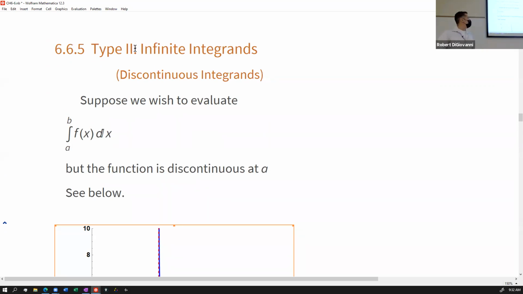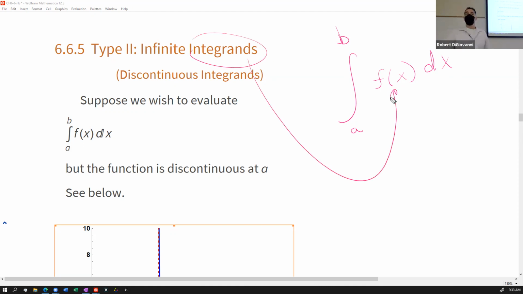second type of improper integral is called an infinite integrand. Now remember, the integrand is the thing in the integral sign, the thing that's here when you look at an integral. This right here, the integrand, is the function.